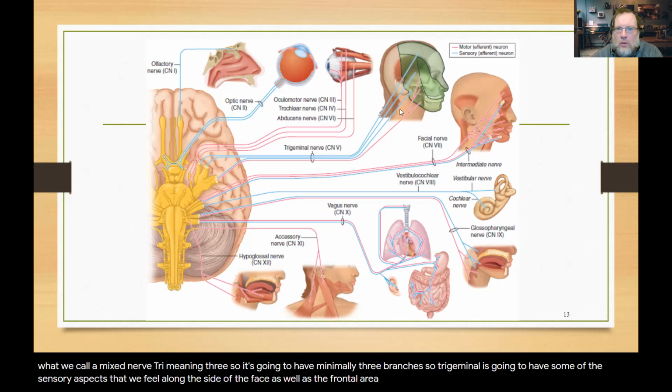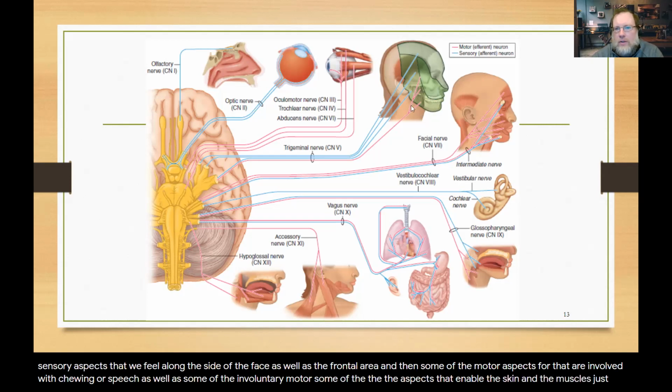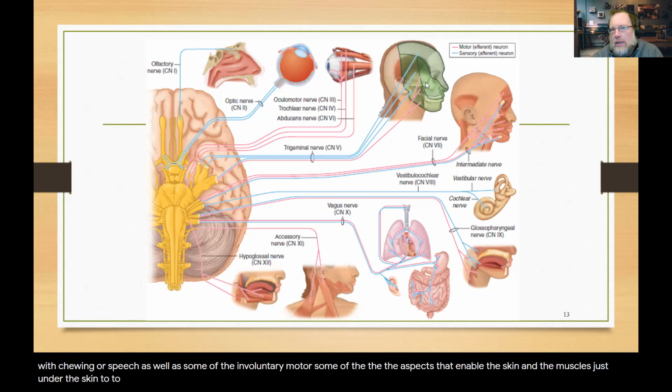And then some of the motor aspects that are involved with chewing or speech, as well as some of the involuntary motor aspects that enable the skin and the muscles just under the skin to basically stay in place. So when we have a droopy side of the face, it could be damage somewhere to one of these motor branches of the trigeminal nerve. Maybe a stroke or something along those lines.